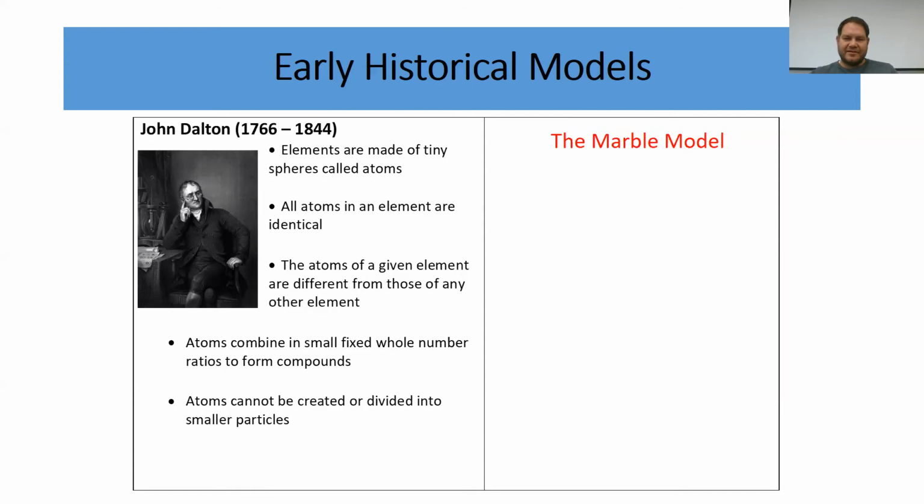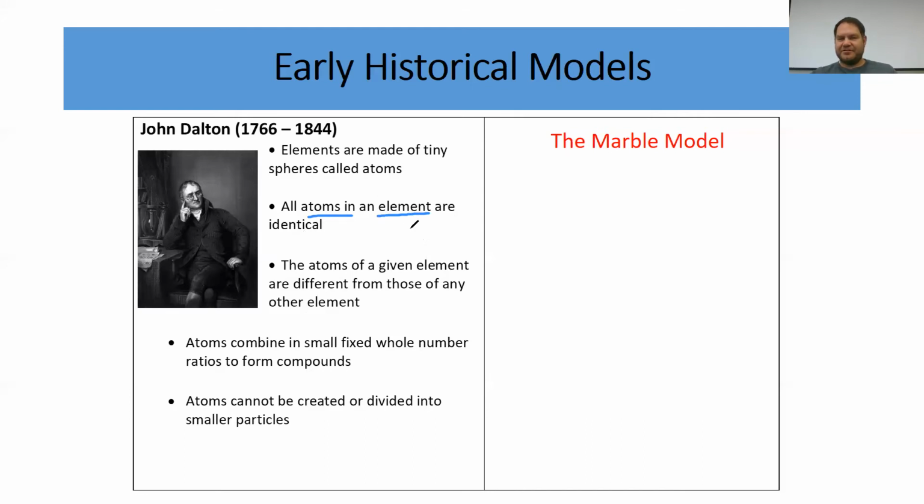What he also believed was essentially that all elements that were starting to be discovered at this point, the more common elements that we're familiar with, were actually composed of atoms, and that all the atoms that made up a certain element were identical, okay?